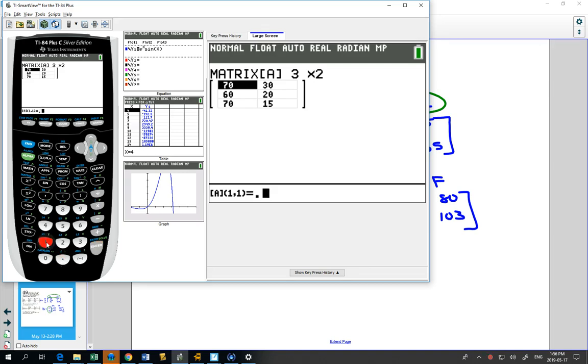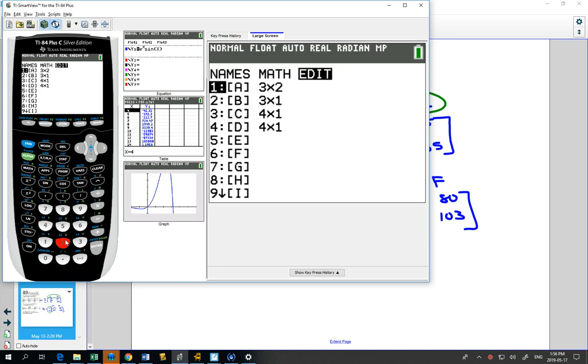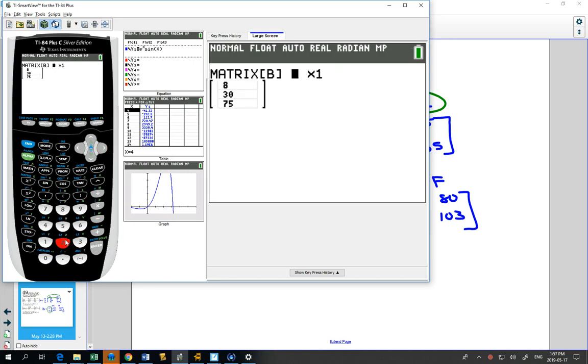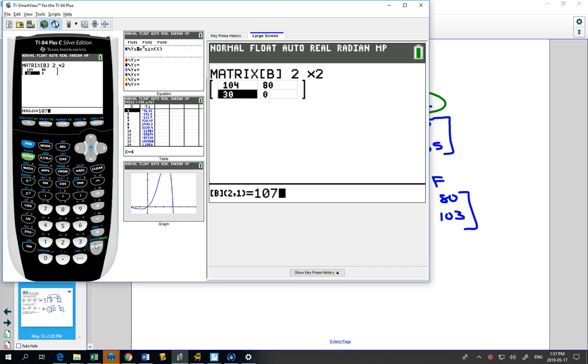And 0.15, 0.25, 0.35, 0.4, 0.5, 0.35. Matrix B, 2 by 2: 104, 80, 107, 103.